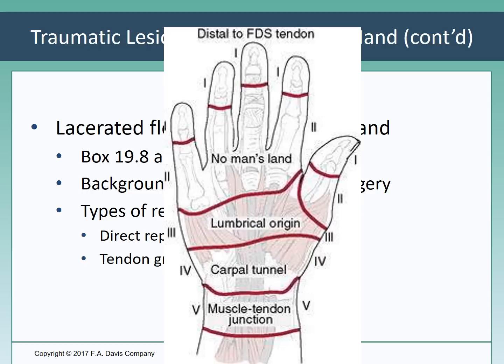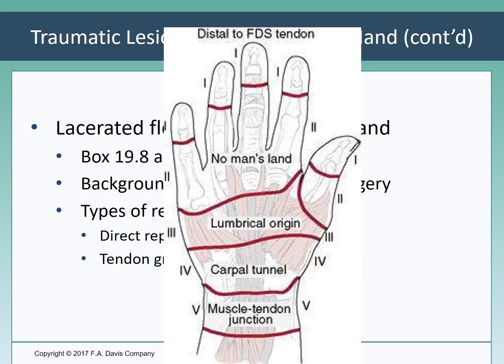So zone 2, you'll notice, is called no man's land. The reason it's called no man's land is because there's no vascular supply here whatsoever, and it's a very confined space. So there's nothing really to create a healing aspect.